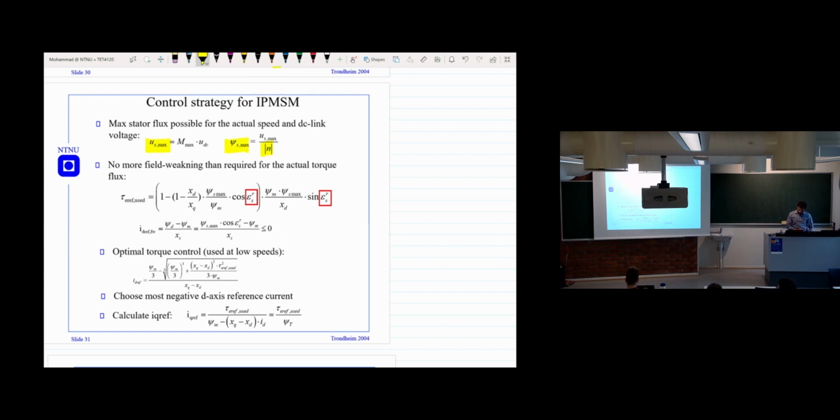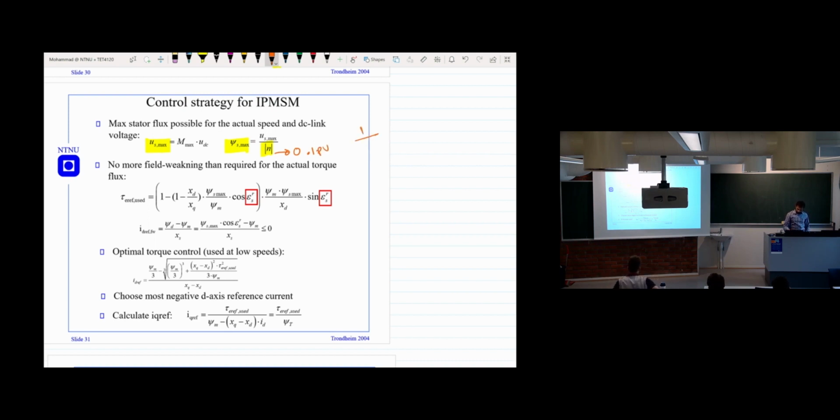In the software, one thing we need to remember is that we cannot put this n to 0 speed. We can never put it, because if you put it 0, then the flux becomes infinite. We can put a minimum speed of maybe something like 0.1 per unit in the software.